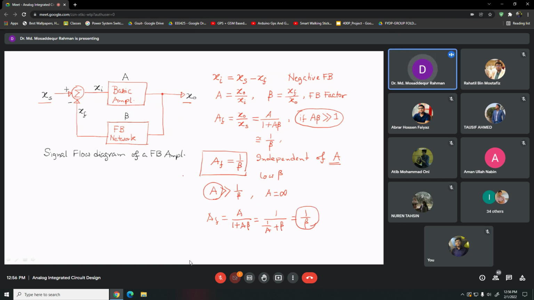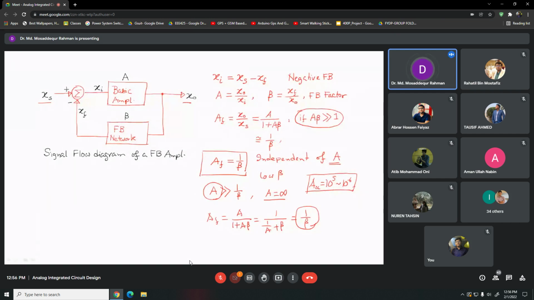So that is our ideal condition, ideal gain, right? And that's why we say that ideally an op-amp should have infinite gain. Then we can write that AF is 1 over beta. Practically we cannot have infinite gain, but we try to make it as high as possible. And op-amp gain, as you know, is very high, about 10 to the 5 to 10 to the 6.